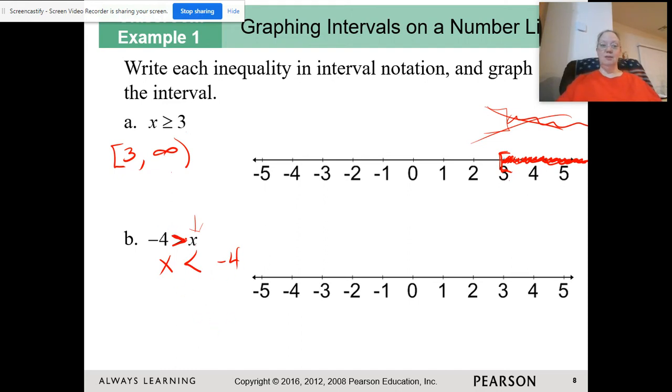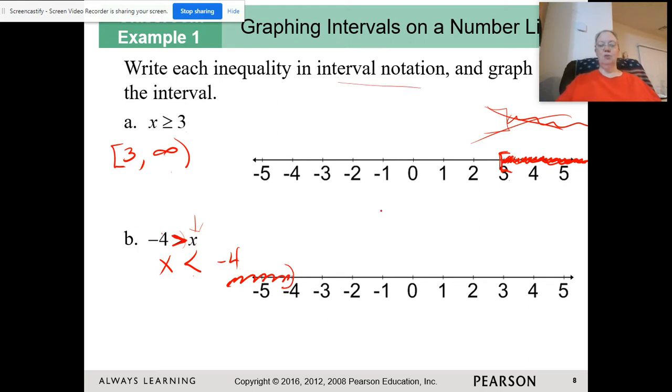In other words, if I flip sides, I also have to flip the symbol. All right, so I'm going to go to -4. It's pointing to the left. My variable's on the left, so I'm going to shade to the left. This does not include an equal to line underneath that inequality, so I'm going to use parentheses on the -4.